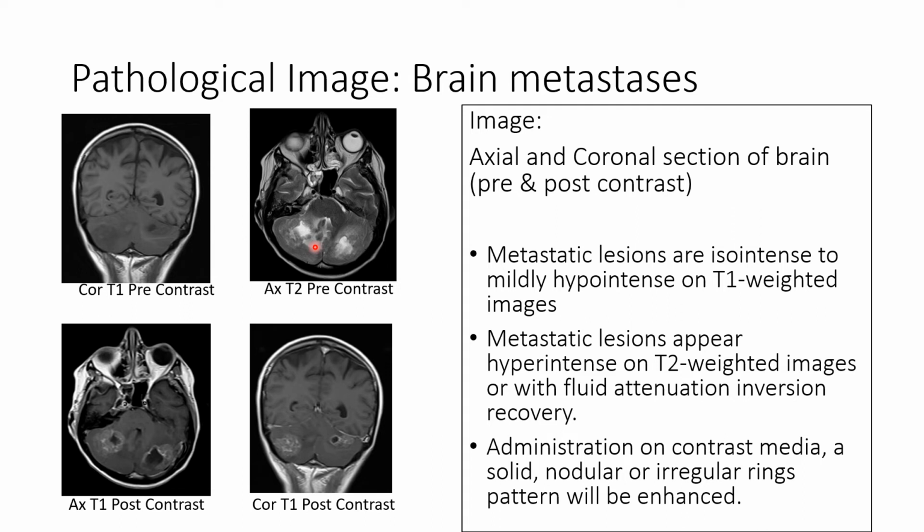However, the lesion appears hyperintense in T2 weighted images or with fluid attenuation inversion recovery. After the contrast media administration, a solid nodular or irregular ring pattern will be enhanced in the T1 weighted image.